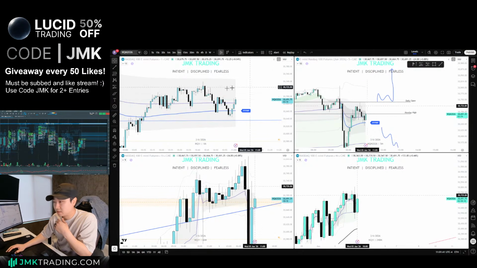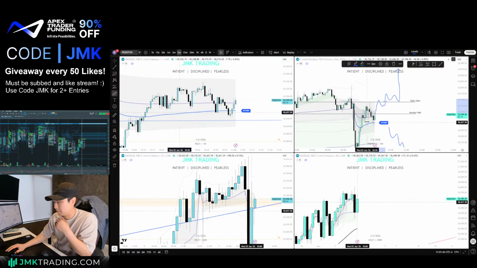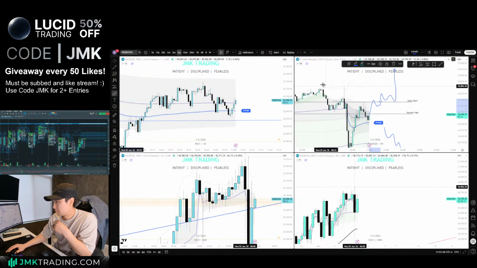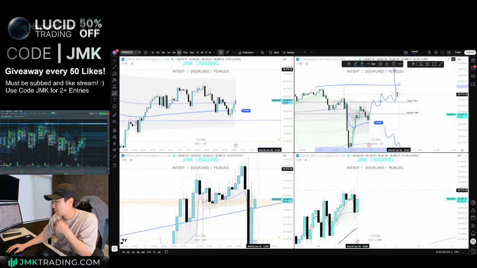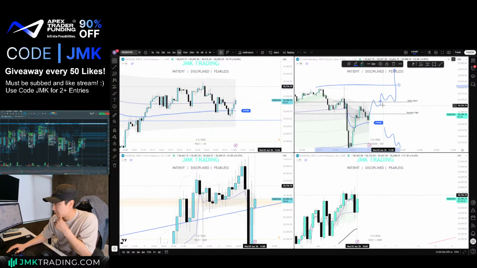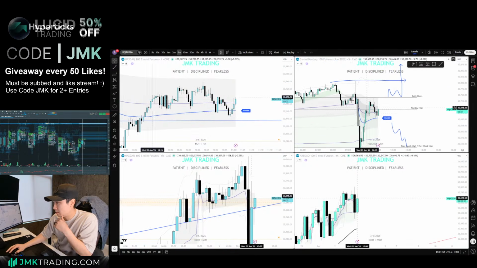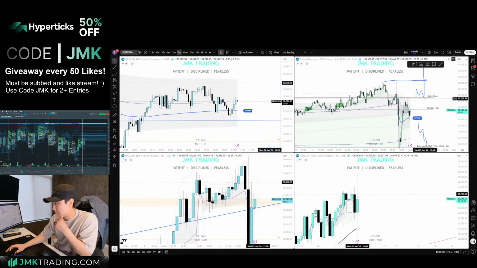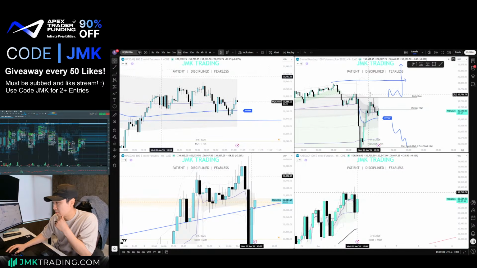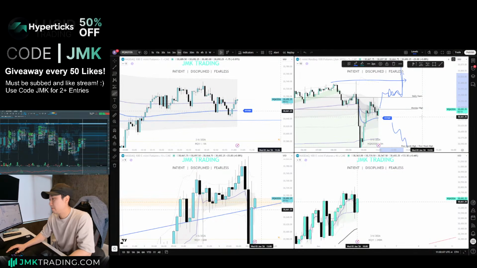Yeah, I think this is the more likely play, the long. I think we take new all-time highs today, or possibly during PM session, or possibly during early Asia today. But this is really important: the daily open. I'd be watching the daily open. If we reclaim daily open, I'm fairly certain we'll be up.